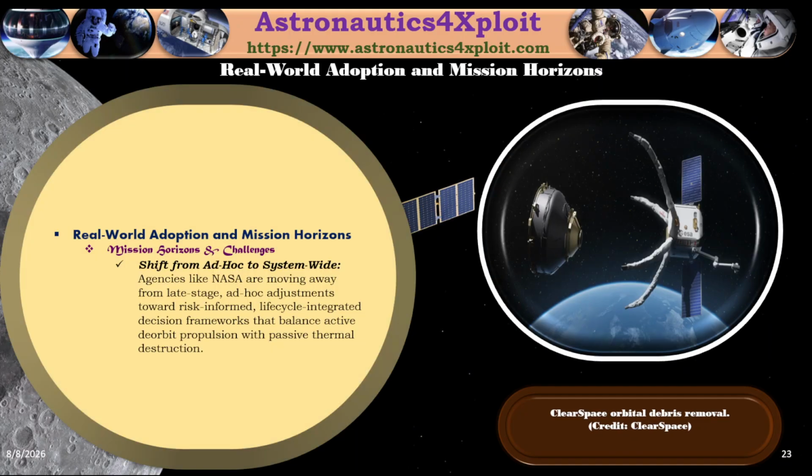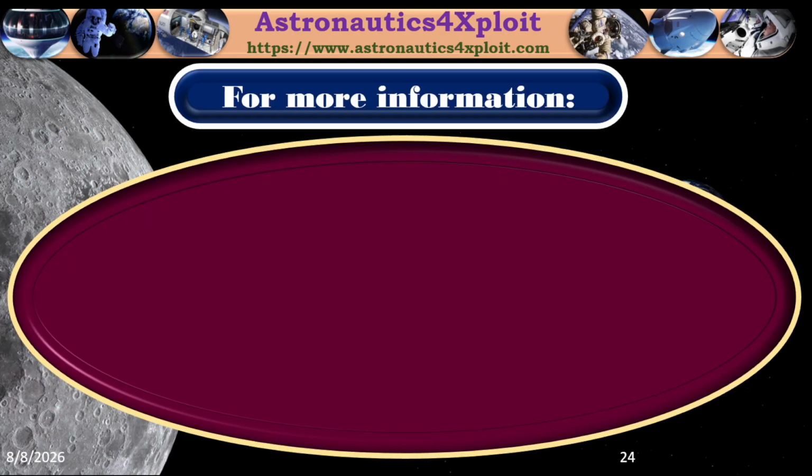Shift from ad hoc to system-wide. Agencies such as NASA are moving away from late-stage ad hoc adjustments towards risk-informed, life-cycle integrated decision frameworks that balance active deorbit propulsion with passive thermal systems. The Clear Space orbital debris removal system is shown in this picture.